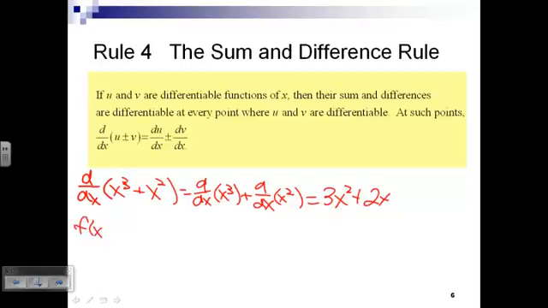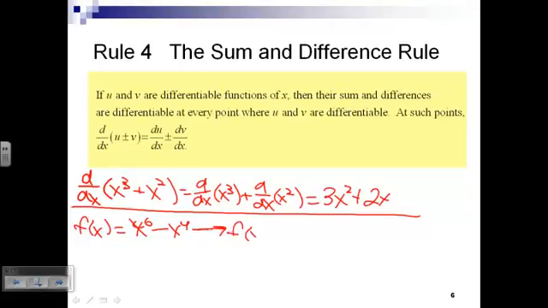Let's say f of x, this is a different problem, so let me put a line in between here. Let's say f of x is equal to x to the 6th minus x to the 4th. What's f prime going to be? Well, if I'm doing this really rigorously, saying I can only do the applications of rules, what would you do?